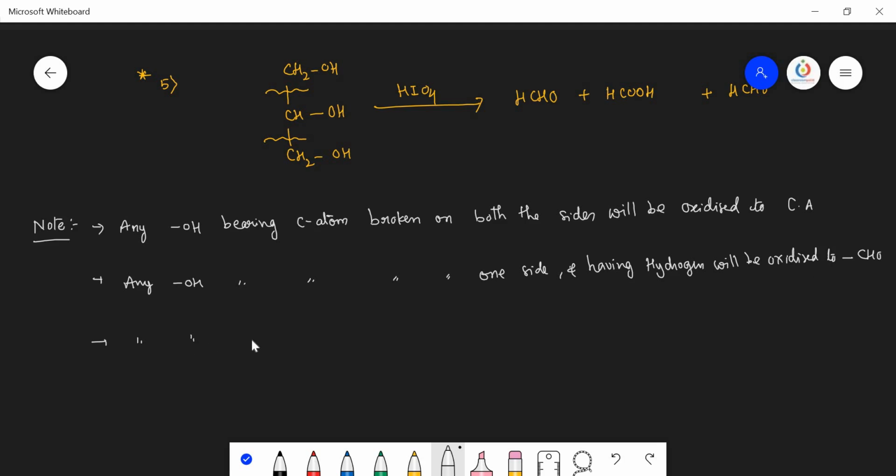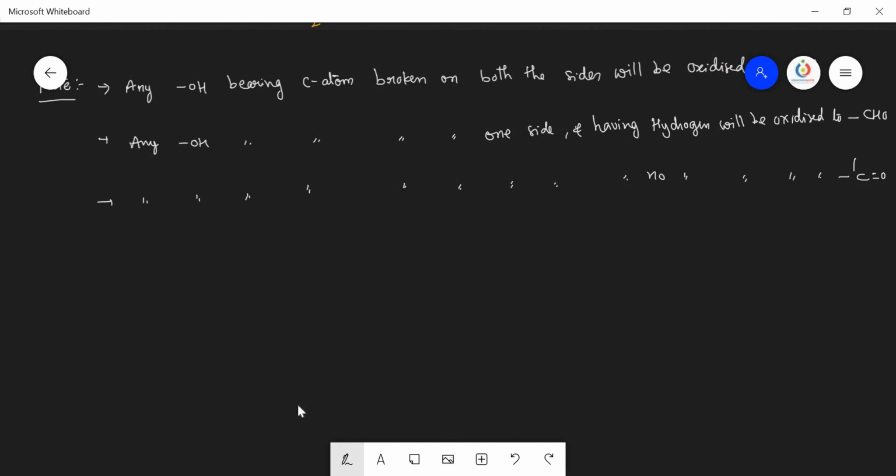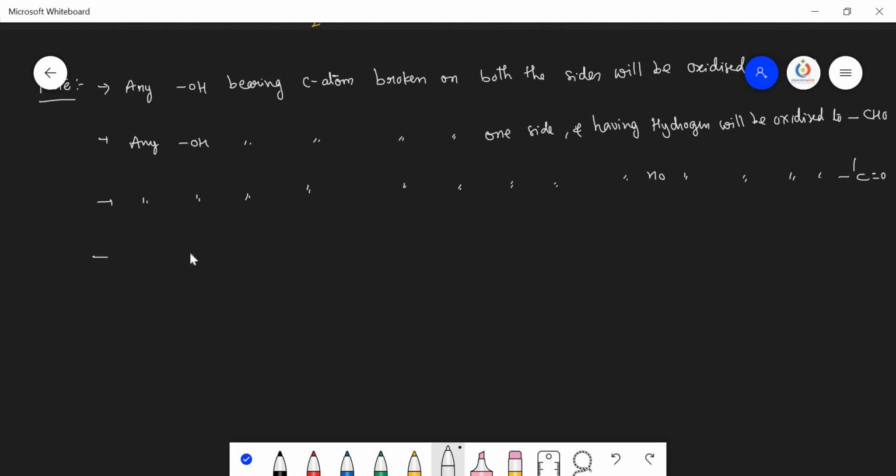And any OH-bearing carbon atom broken on one side and having no hydrogen will be oxidized to keto group. I think this is clear.